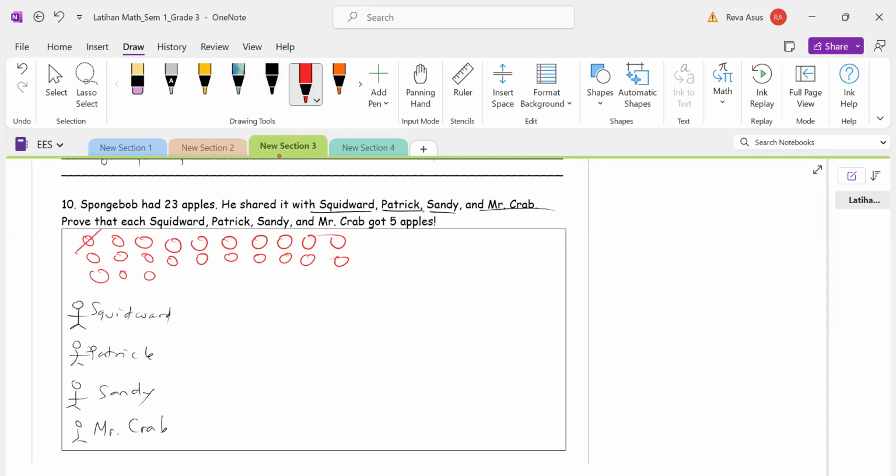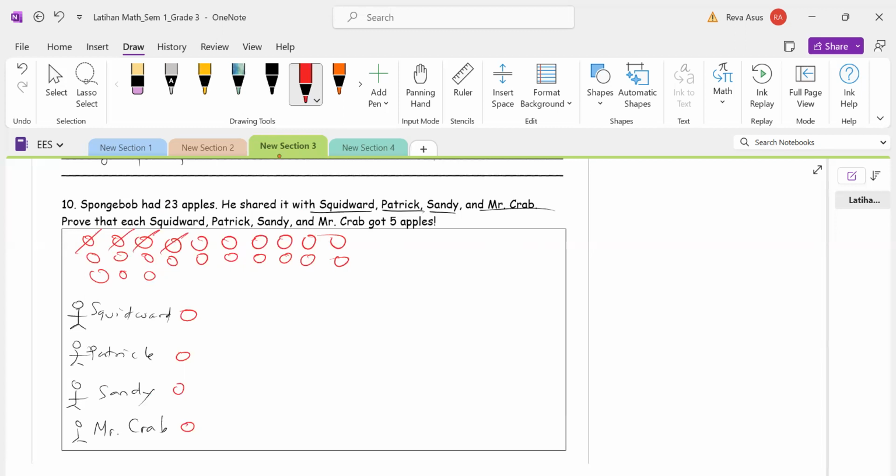So the first apple we give to Squidward. Second, we give 1 to Patrick. Third, we give to Sandy. Fourth, we give it to Mr. Crab. So each got 1 apple.